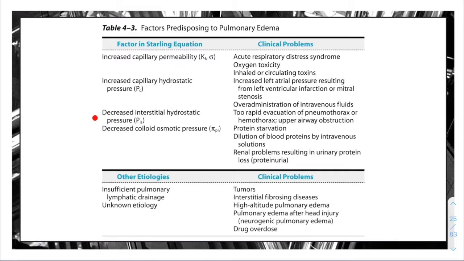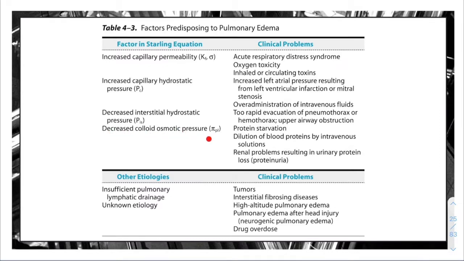If you have a decreased interstitial hydrostatic pressure, like in instances wherein you have a rapid evacuation of pneumothorax or hemothorax, or in patients with upper airway obstruction, that may result in a decreased interstitial hydrostatic pressure.